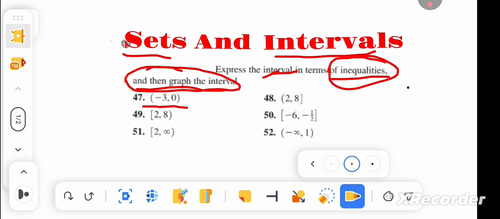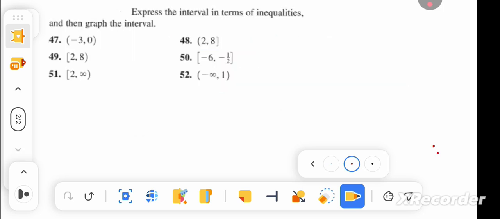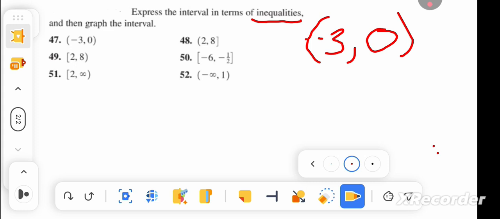Okay, so to do that, we need to put certain things into consideration here. We have -3 here, 0. So before we write it in terms of inequalities, or let's say set builder notation, we need to understand these parentheses which they have used here.